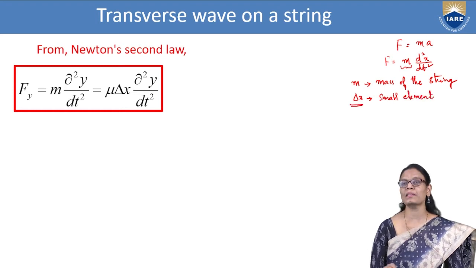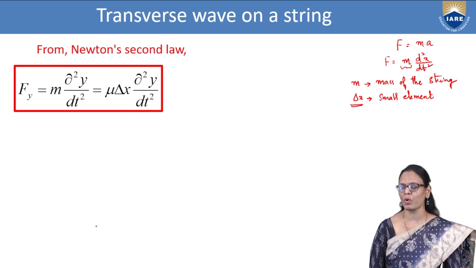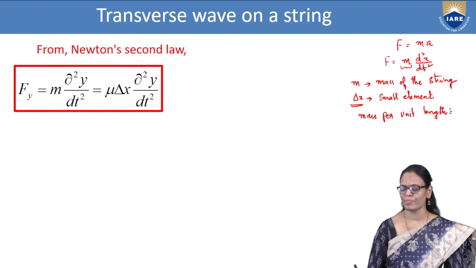So what will be the mass of this element? For that, we first calculate the mass per unit length. What is mass per unit length? If L is the total length of the string and m is the total mass, then the mass per unit length of the string is given by m/L, which is denoted by mu.